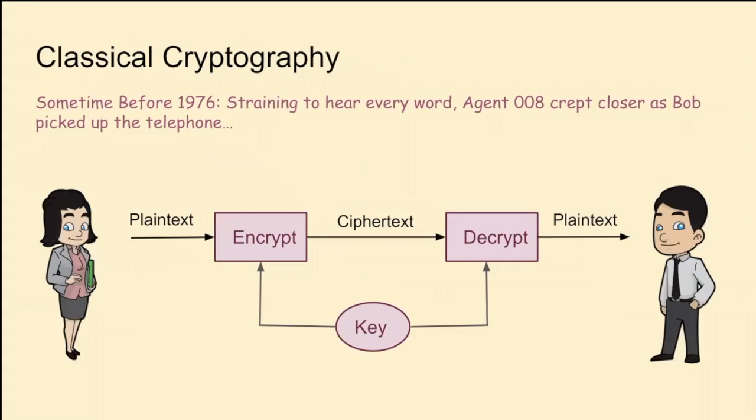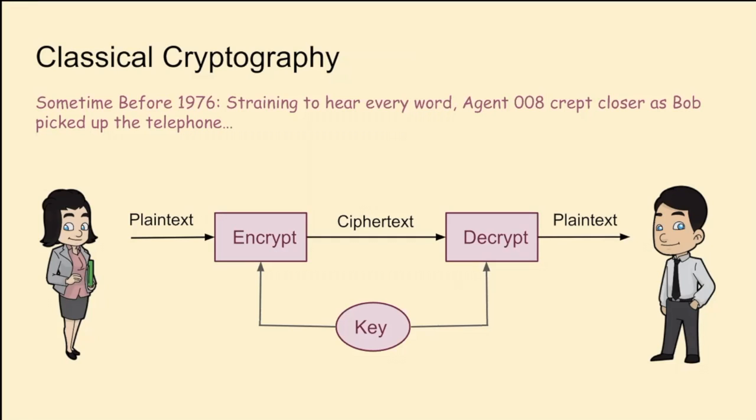So the reference point for that is classical cryptography, which in the cryptography world basically means cryptography before 1976. Turns out everything in cryptography changed between 1976 and 1978.